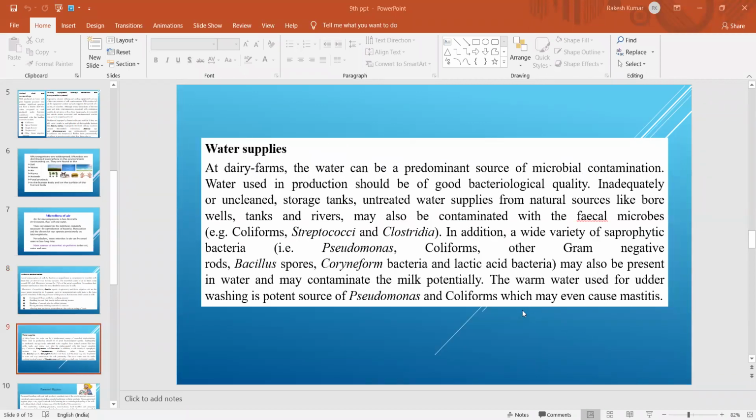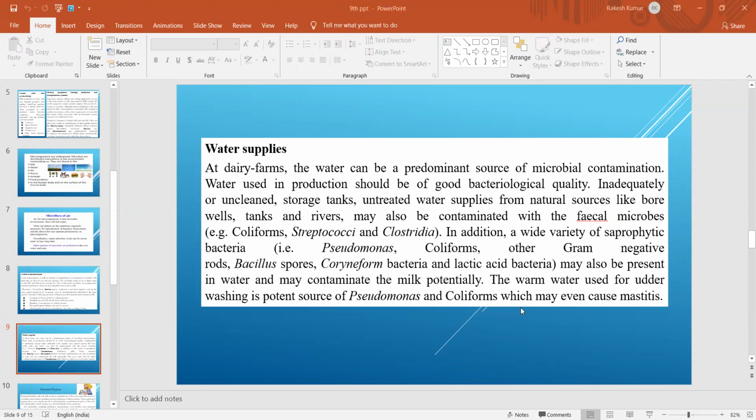Now something about the water supply, it is also very important. We are using water for different purposes during manufacturing operation, for washing, and even in our manufacturing operation we are cleaning different equipment and utensils which are generally used for handling of milk and milk products. So automatically whatever water you are using must have good quality. At a dairy farm, the water can be a predominant source of microbial contamination.